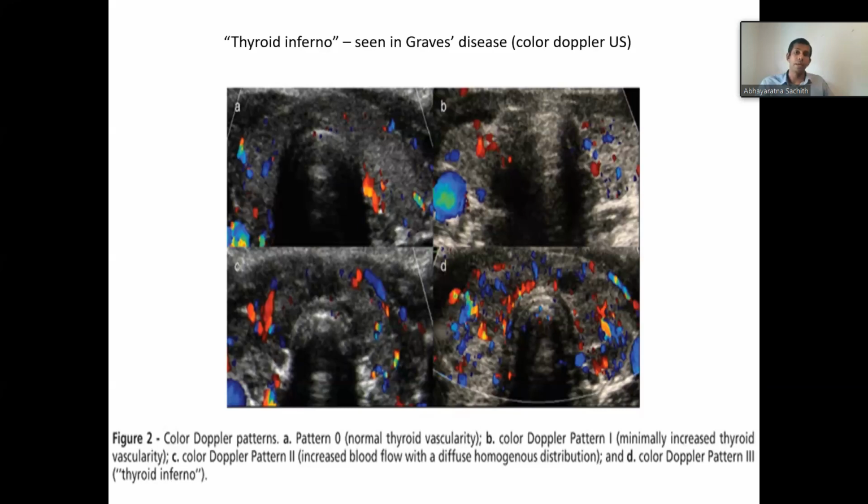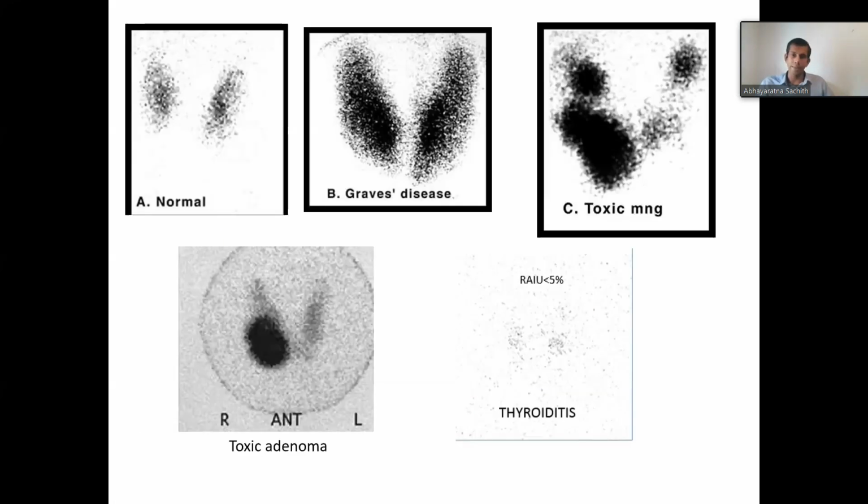From your ultrasound scan, a toxic adenoma is seen as a single nodule, and in thyroiditis, because the gland is restricted, there won't be much of an increase in uptake, right? So in thyroiditis, it's low. So you can differentiate like that.